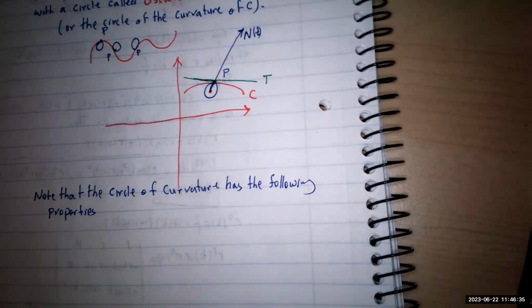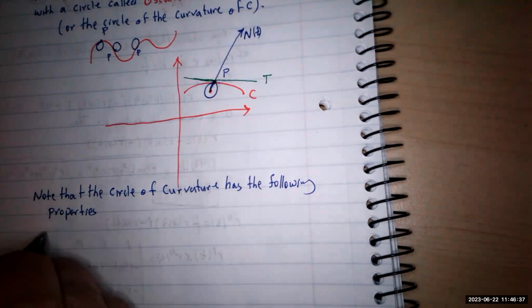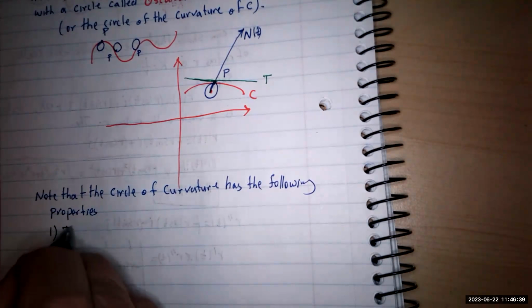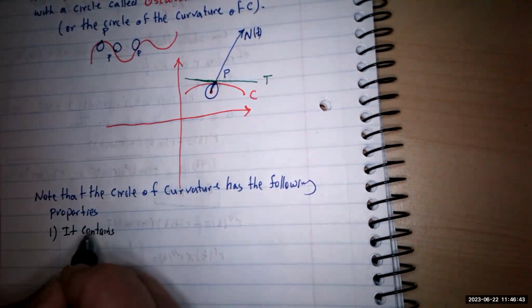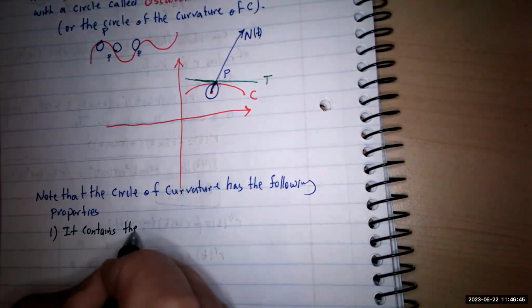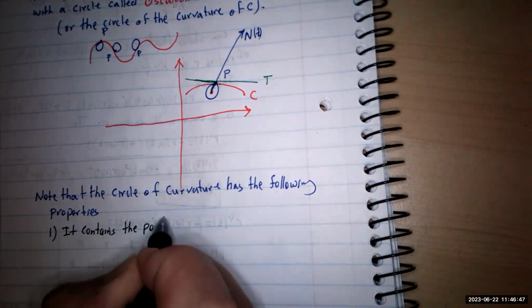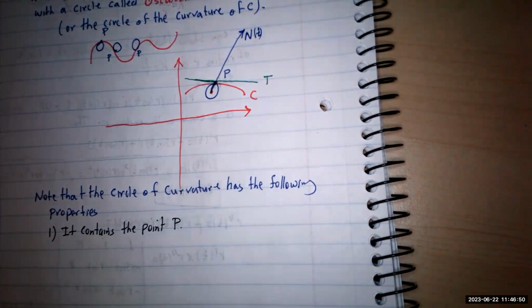What are the properties? The first one: it contains, of course, the point P, because you have the circle at P. This is the point that you are interested in finding the measure of the curvature.